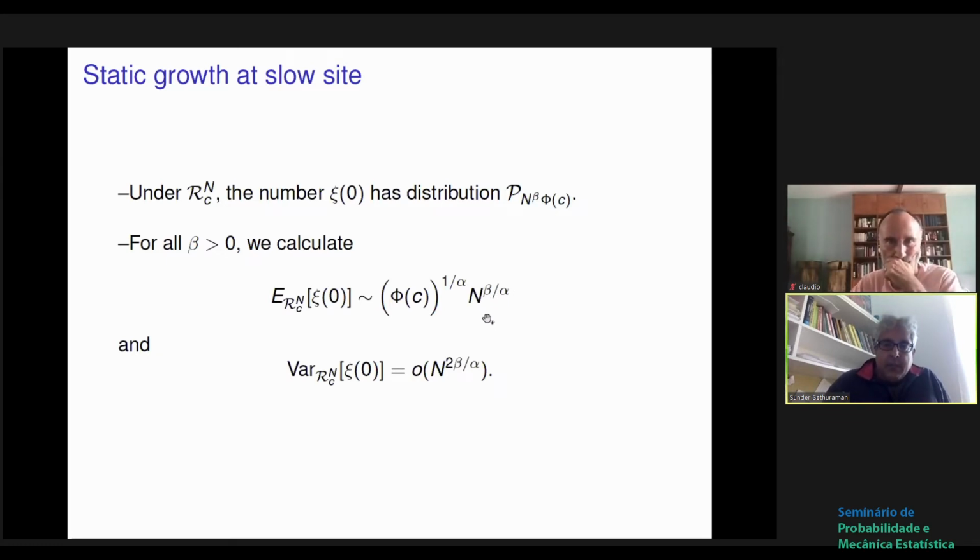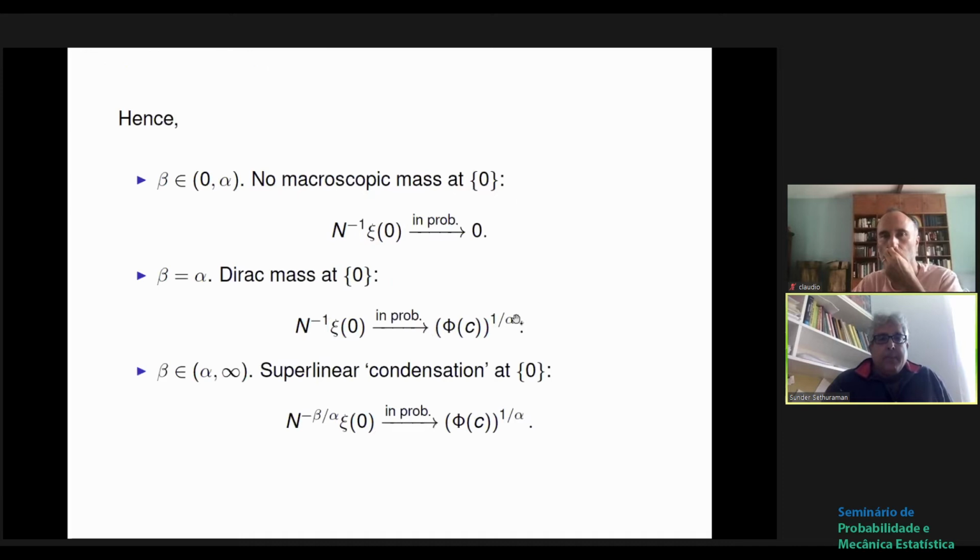This is the level of particles at the slow site in equilibrium, and so you can conclude, if we're going to be looking at the hydrodynamic limit, that we're going to be scaling particle numbers by n, and speeding up by n squared in time. So the space scaling, grid scaling will be 1 over n, but the time scaling will be n squared. So in the grid scaling n to the -1, that's the hydrodynamic scaling.